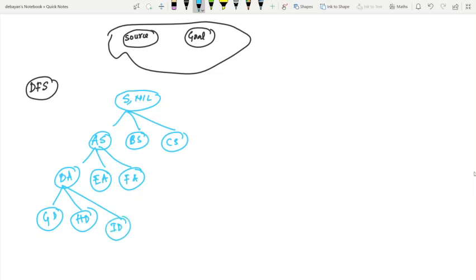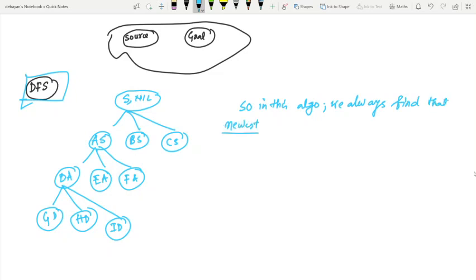So in this particular algorithm, we are discussing DFS. In this algorithm we always find that the newest node is first explored, and move the node to closed.